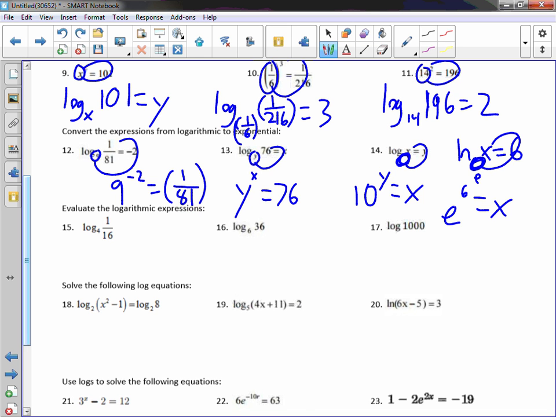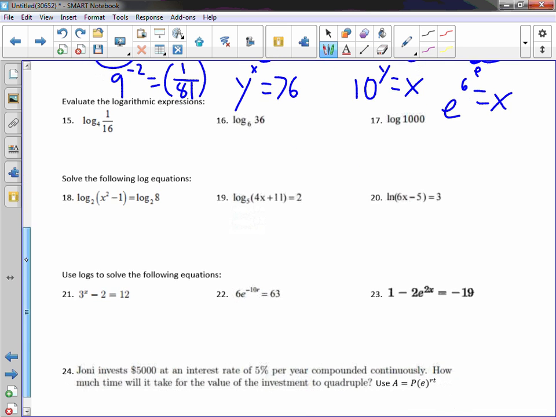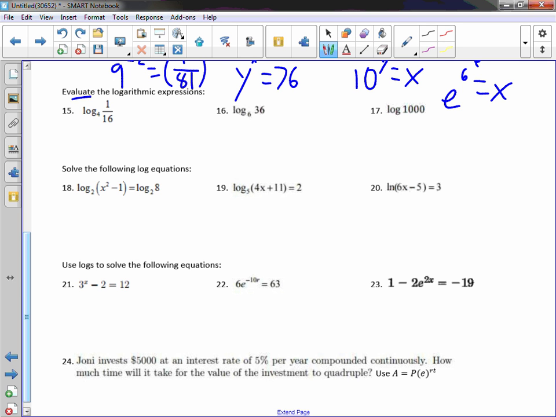Number 15 through 17, evaluating. These are very, very easy to evaluate. We just punch them straight into the calculator as they are. Log little 4 of 1 over 16 equals 1 over 81. Just punch that straight in the calculator part, not the graph, the actual calculator part. Then number 16, log base 6 of 36 equals 2.